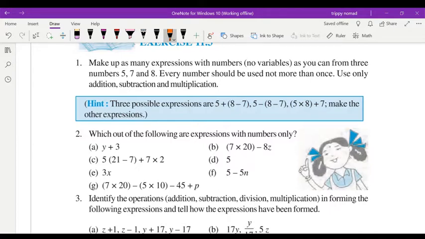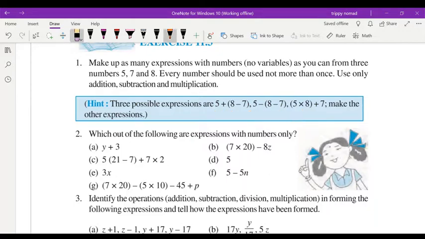Now you see, instead of this, 8 plus 7 minus 5, you can make like that. And here 7 minus 8 minus 5, so you can make. I have given you also the hint so you can make these expressions yourself.